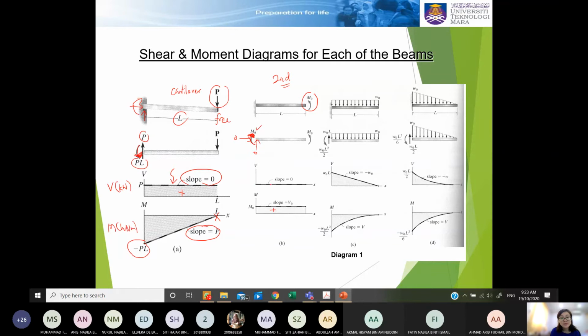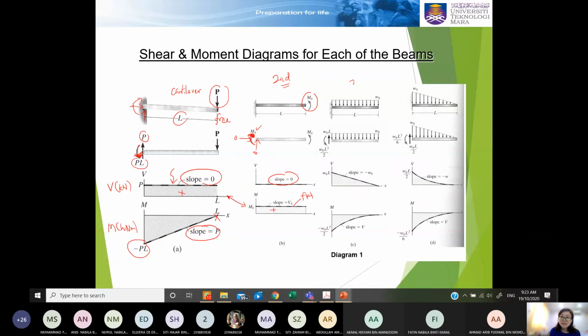But here we don't have any shear, and if we don't have any shear, then we have a flat moment. We don't have any increasing line or decreasing line, only flat. So this moment will be just like your shear just now, because we only have moment.